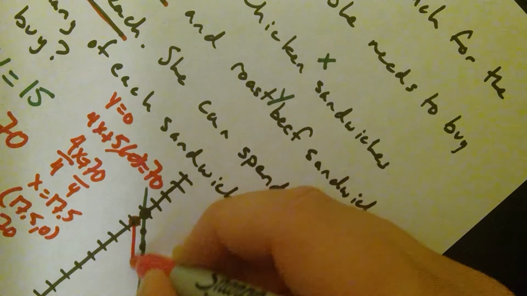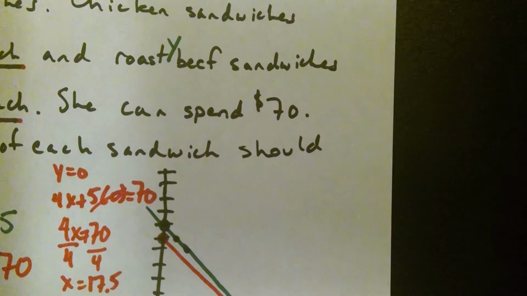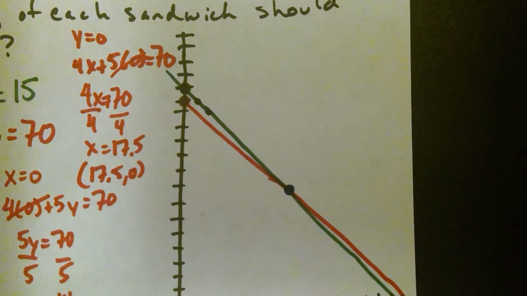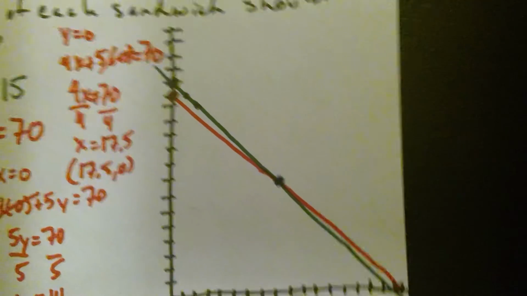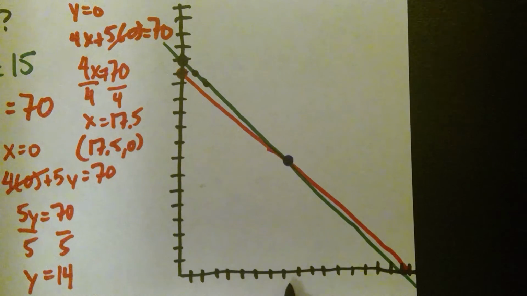Then we'll go ahead and draw our lines. All right, so then our final point where they're equal is somewhere in this ballpark. Okay, and so let's see. 1, 2, 3, 4, 5, 6, 7, 8.